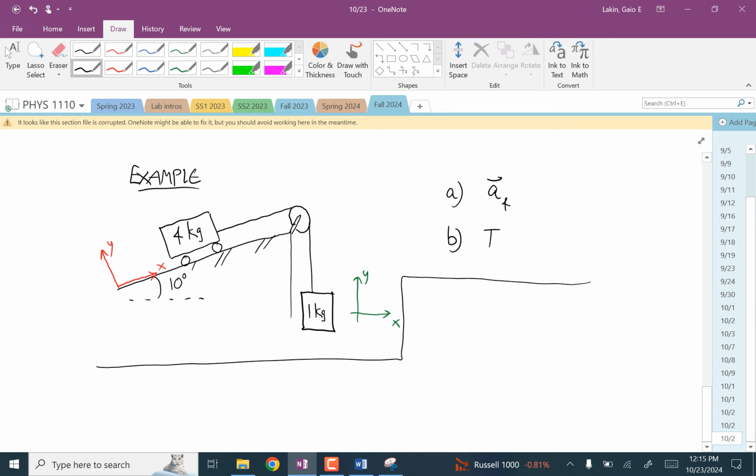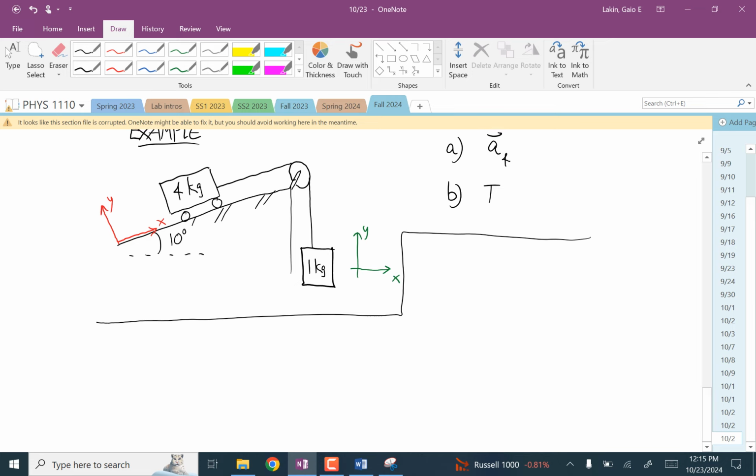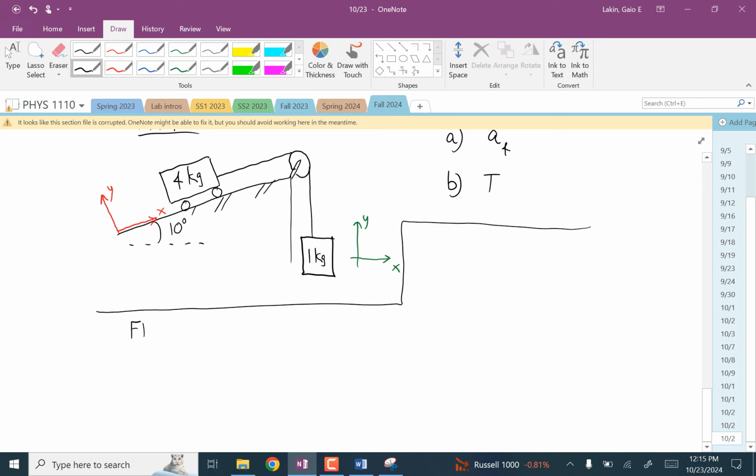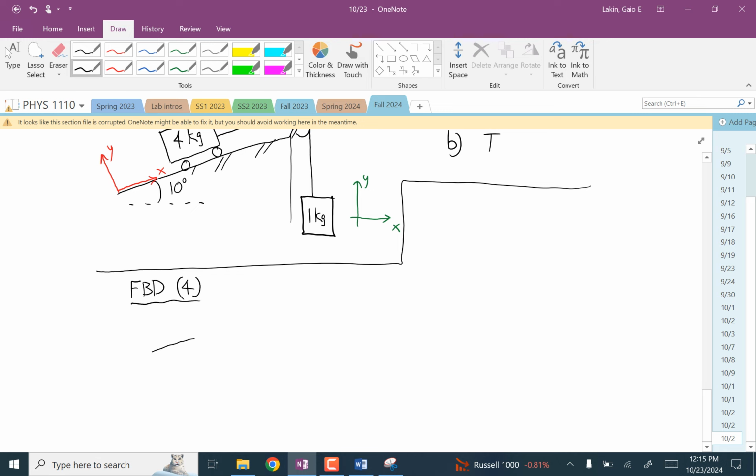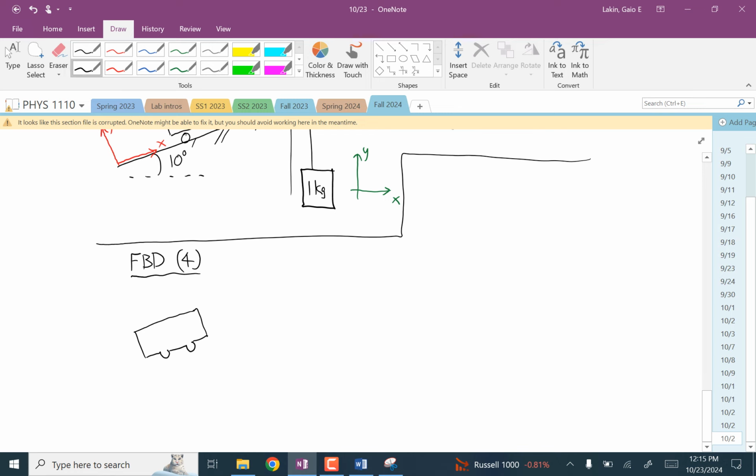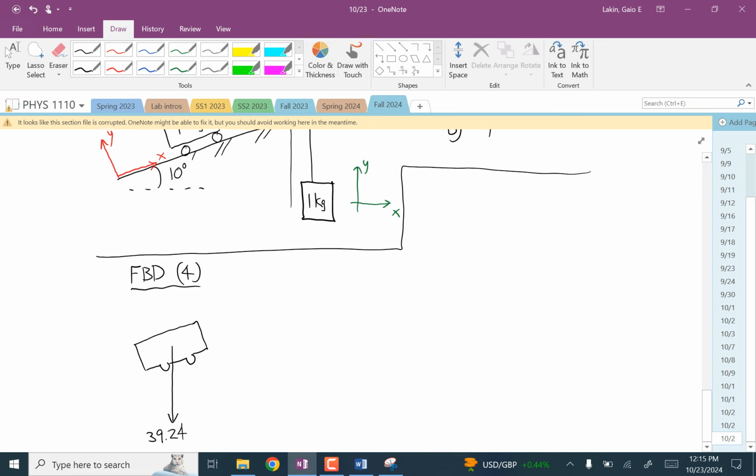Okay, and I'm going to start by isolating the rolling cart. So the 4 kilogram thing. We have a weight force of 4 times 9.81, so that's 39.24. Then we have the cable force.